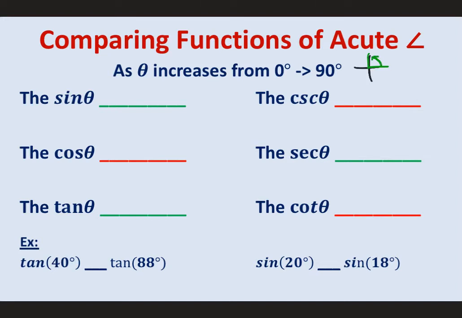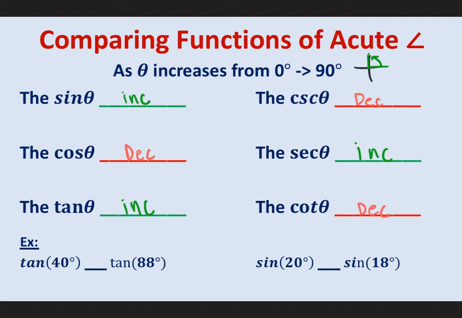The values of sine of theta are going to increase. The values of secant are going to increase, and the values of tangent are going to increase. The values of cosine are going to decrease, and then the values of cosecant are going to decrease, and the values of cotangent are going to decrease.